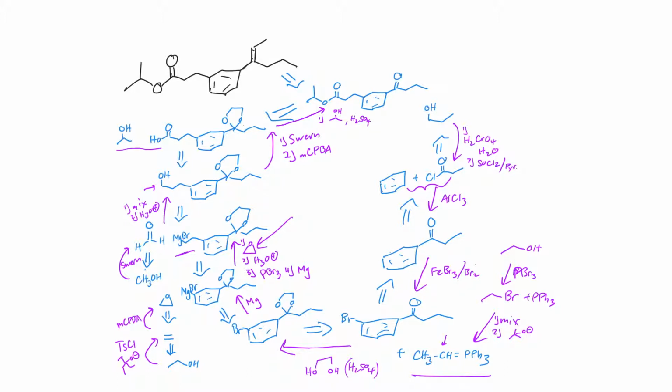And then I can deprotect my ketone. In fact, I think I should deprotect the ketone first, which would be this way. So I deprotect the ketone first, and then I make the ester. I can see an issue here. So water and acid will deprotect the ketone, but water and acid would also cause the ester to revert to a carboxylic acid.